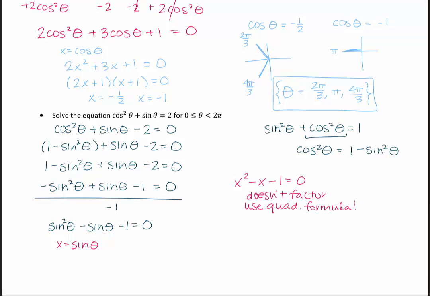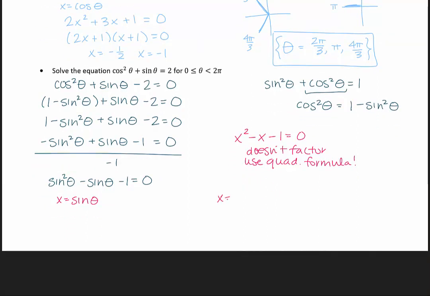Okay, so when I do that, x is equal to negative b, so that would be negative negative 1, plus or minus the square root of b squared minus 4ac. Is that negative 1? Oh, I didn't change it. It should be positive 1. That should be just positive 1, all over 2 times 1.